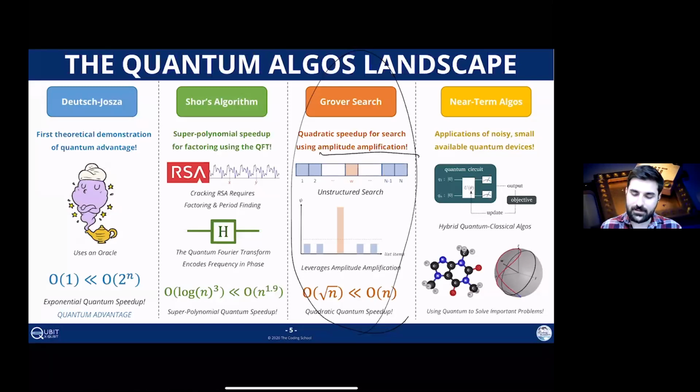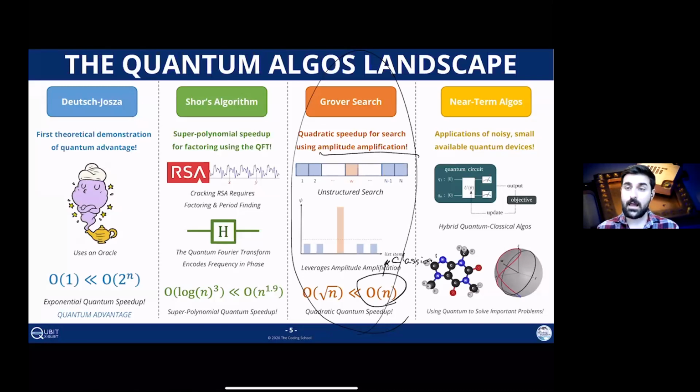Therefore, we say that classical search takes O(n) in terms of complexity. However, a quantum computer can do that quadratically faster. So instead of looking at all n elements, or let's say n over 2 elements, you can look at the square root of n elements. And that's an impressive speedup in and of itself, and it's guaranteed, it's provable.